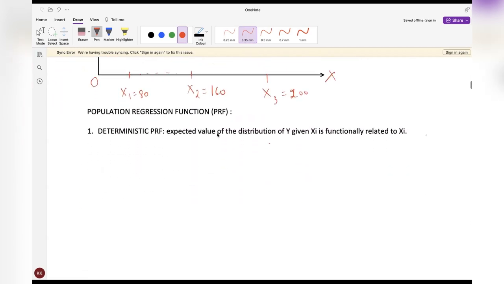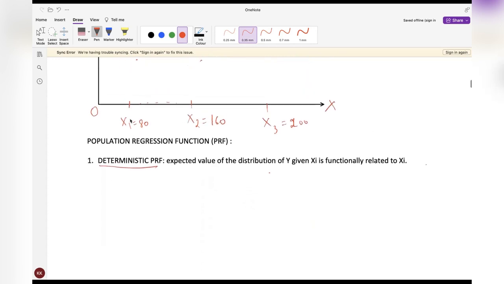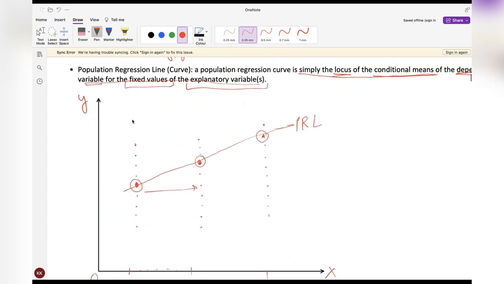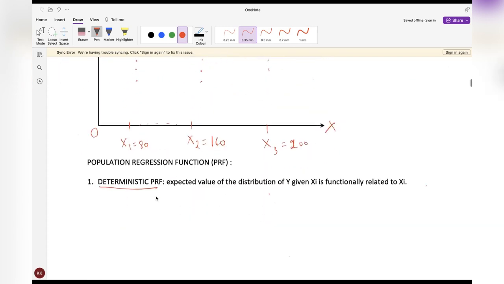Next we have the population regression function. Under the population regression function, we will talk about two types. One of them is the deterministic population regression function. We have seen that the expected value of Y depends on the value of X. So can we write that the expected value of Y given Xi is a function of Xi?